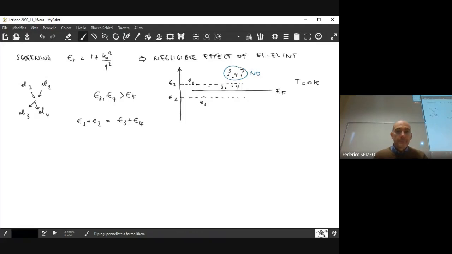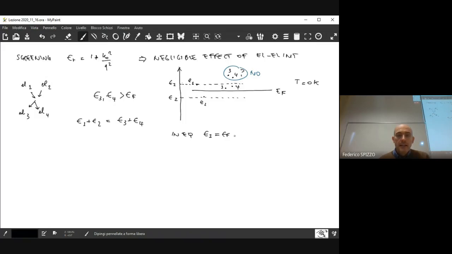Since at T equal to 0 I expect that no electrons are found at an energy larger than EF, I have to assume that in equilibrium the largest possible value that I may have for E1 is EF, because in principle no other levels are occupied above EF.